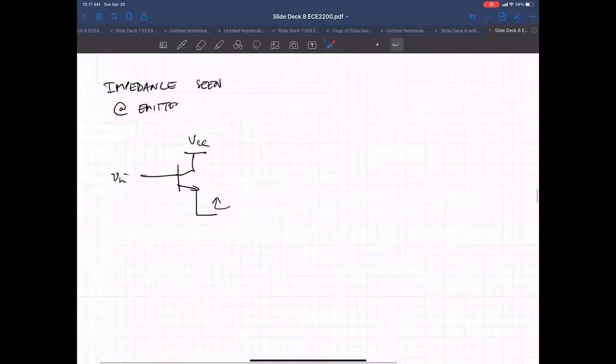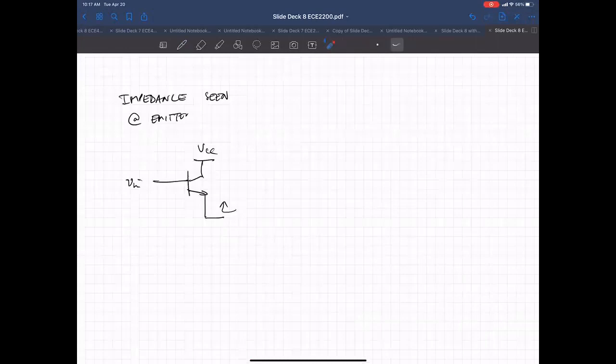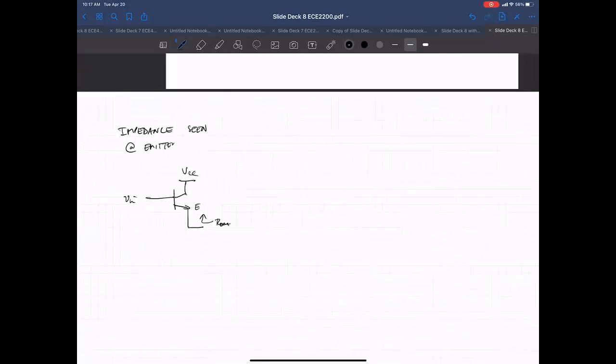Okay, so back to this. In this case, again, something we haven't really looked at so far, but let's say the emitter is driving the output. Don't get too wrapped around what that would mean for the second. Just think about its resistance, what you'd see. Okay, so we have the tools we need to analyze that.